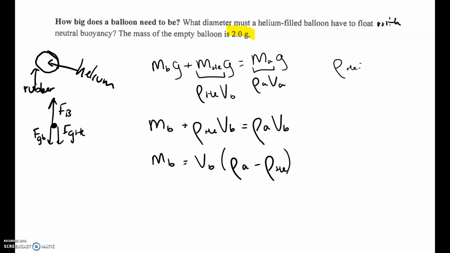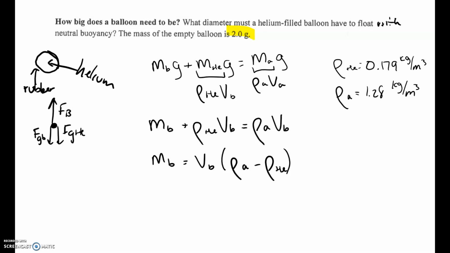Density of helium, you can look up in a table: 0.179 kilogram per meter cubed. And the density of air is 1.28 kilogram per meter cubed. So those are known. The mass is known. So the only thing unknown here is the volume of the balloon.